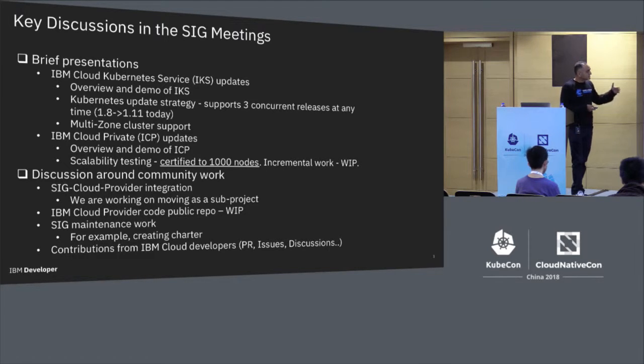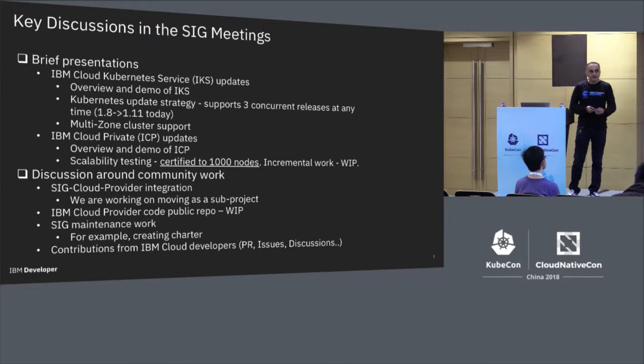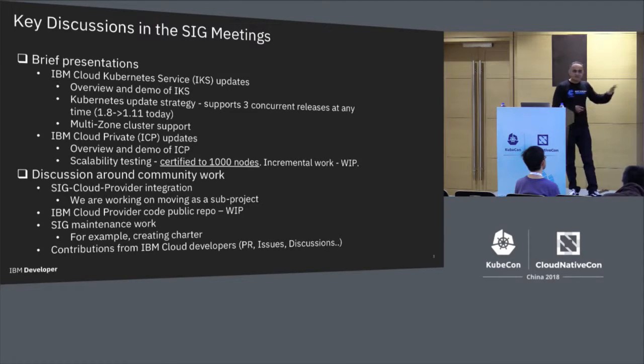And then in the second part, after having that overview, there's discussion around the contributions we're making to upstream Kubernetes. That includes a lot of different things, not just PRs, not just writing the code.